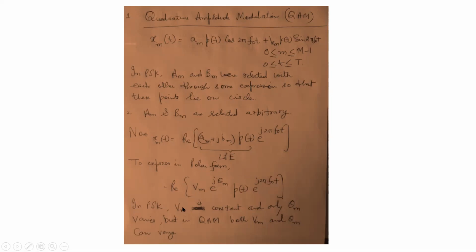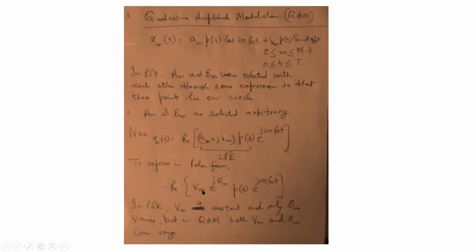Now in PSK, this Vm is constant and only theta m varies. If you remember PSK, as I told you, the amplitude is constant, only theta m will vary. But in QAM, both Vm and theta m can vary. This Vm is actually the magnitude of this complex number AM plus jBM.